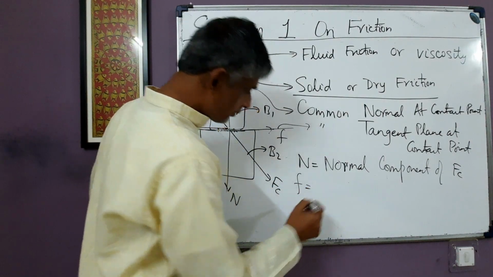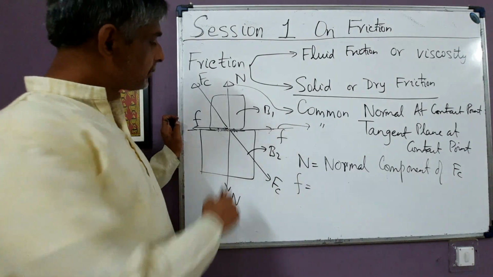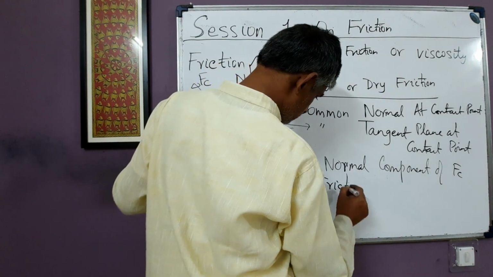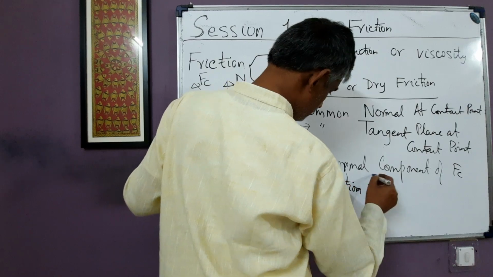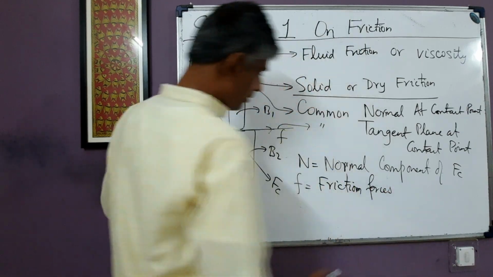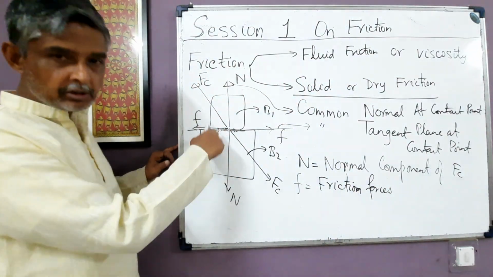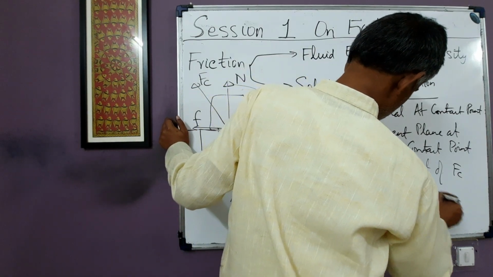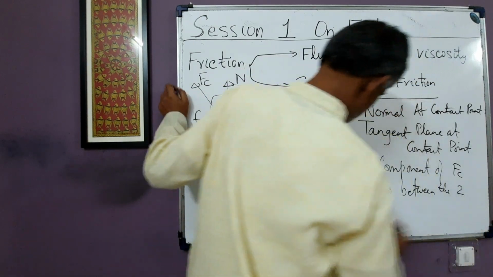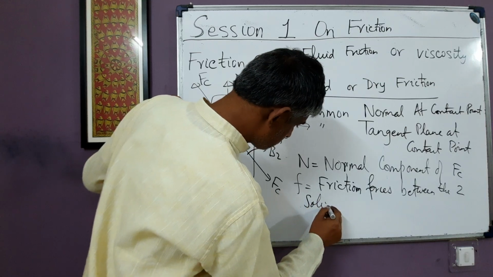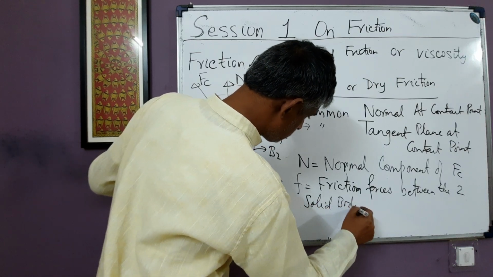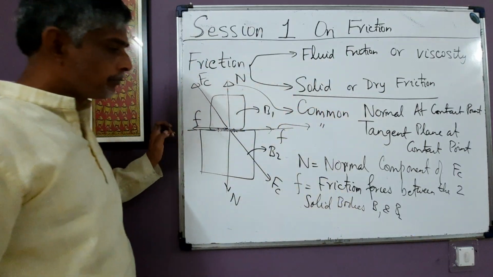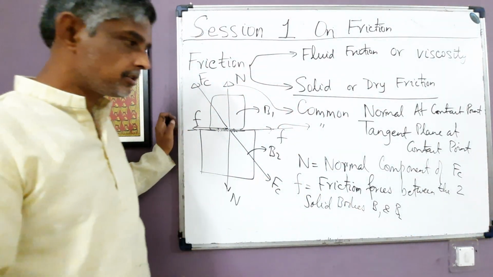So f is called the friction force between the two bodies B1 and B2 in mutual contact.